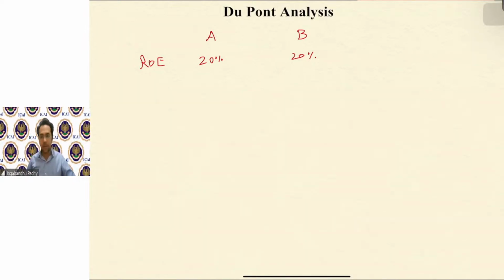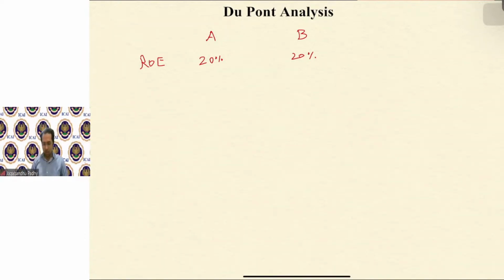If I ask you what are the strengths and weaknesses, the advantages and disadvantages of these two companies, or in which areas the company is doing good or bad, we cannot actually identify that from these numbers. We need to go deep down into return on equity, so as to arrive at some numbers from which we can analyze where the company may go wrong.